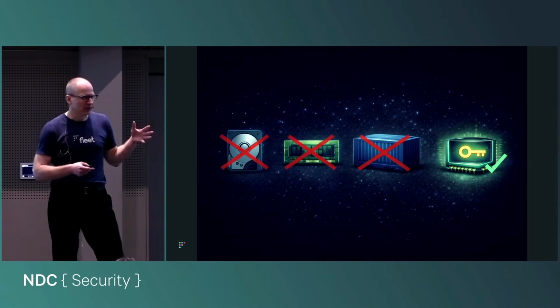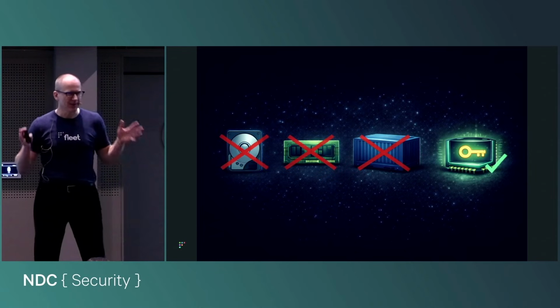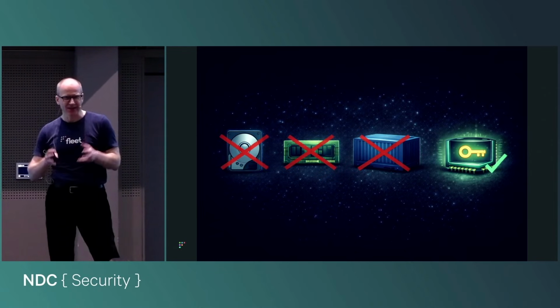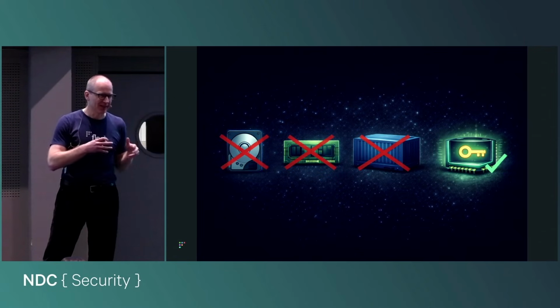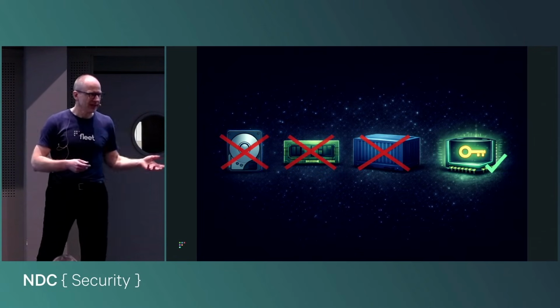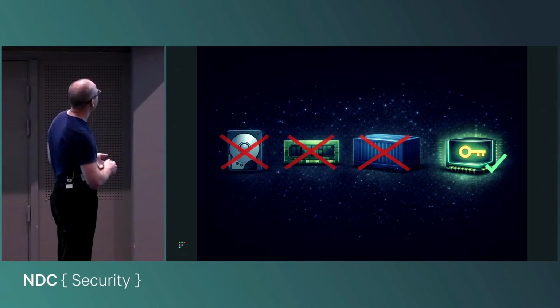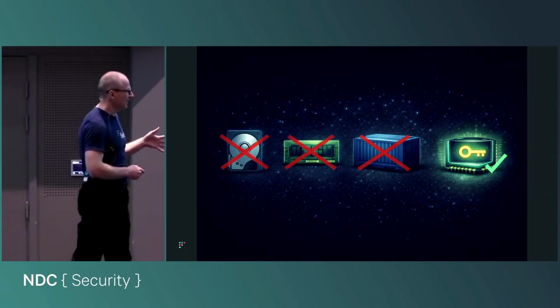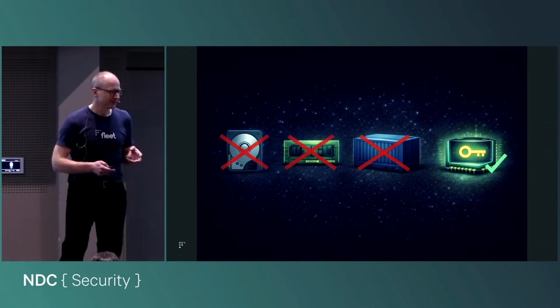Second, non-exportable key. As mentioned earlier, this doesn't just mean we promise not to export it. It means the hardware will not serialize it, the hardware will not reveal it, the hardware will only apply it internally. So if an attacker steals your disk, they don't get the key. If they dump your memory, they don't get the key. If they copy your container image, they don't get the key. They can copy everything else except the thing that matters.